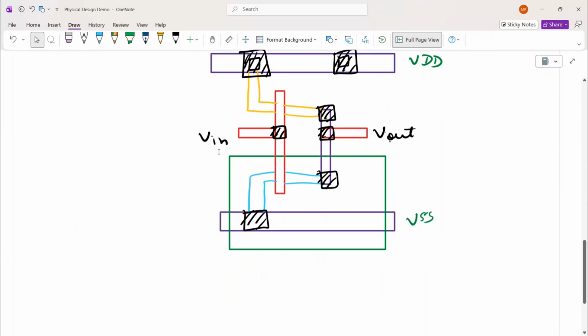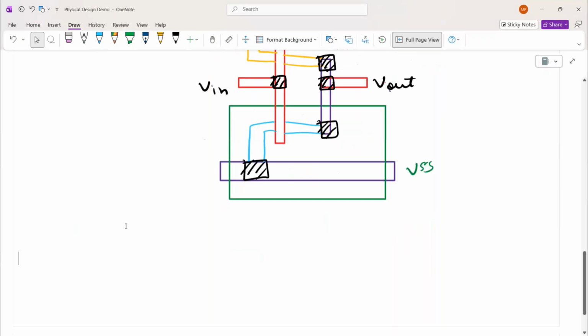Ultimately, your design has thousands of CMOS, like FinFETs. Those also are going to have polysilicon, input, output, VDD, VSS, and P substrate, everything, and also fins. All this physical information is present in GDS2, that is going to the foundry.